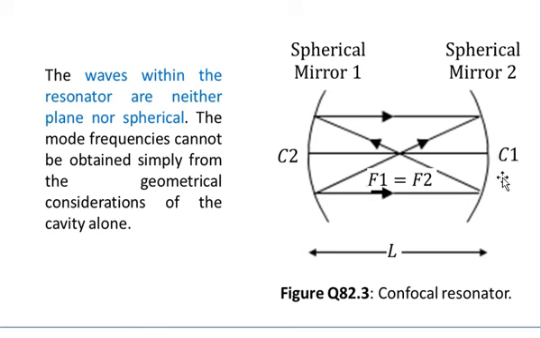You can notice the positions of C1 and C2 lying on the opposite mirrors respectively. You can also notice the ray diagram over here, that the rays can travel parallel to the optical axis, or parallel to the resonator axis, as well as make any other angle with the resonator axis.